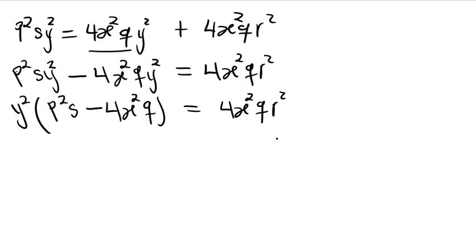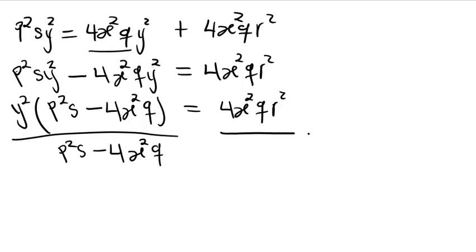The next thing to do, if we really want to make y the subject, is to make y squared stand alone. If that is the case, then we divide both sides by whatever expression is attached to the y squared. So we divide the whole of this side by the p squared s minus 4x squared q, and we divide the whole of this side by the same p squared s minus 4x squared q.